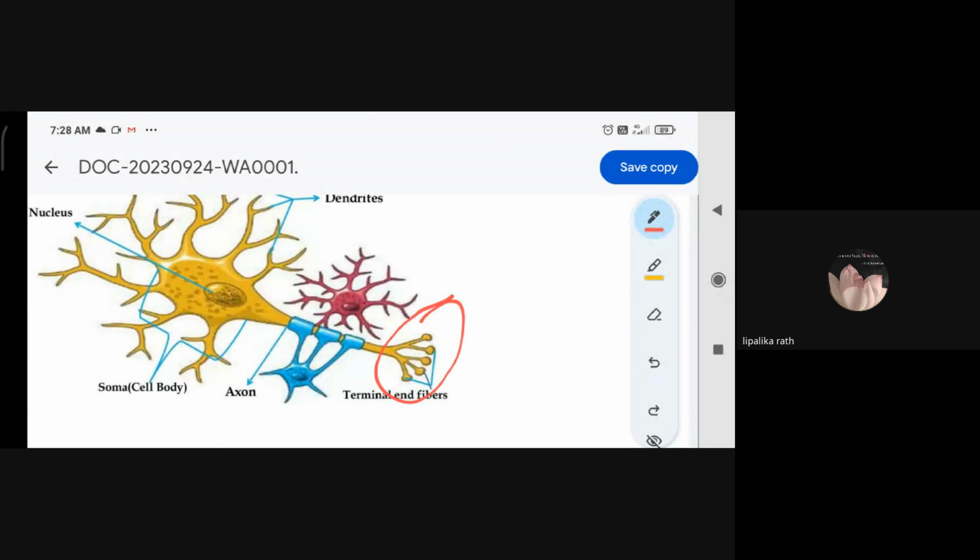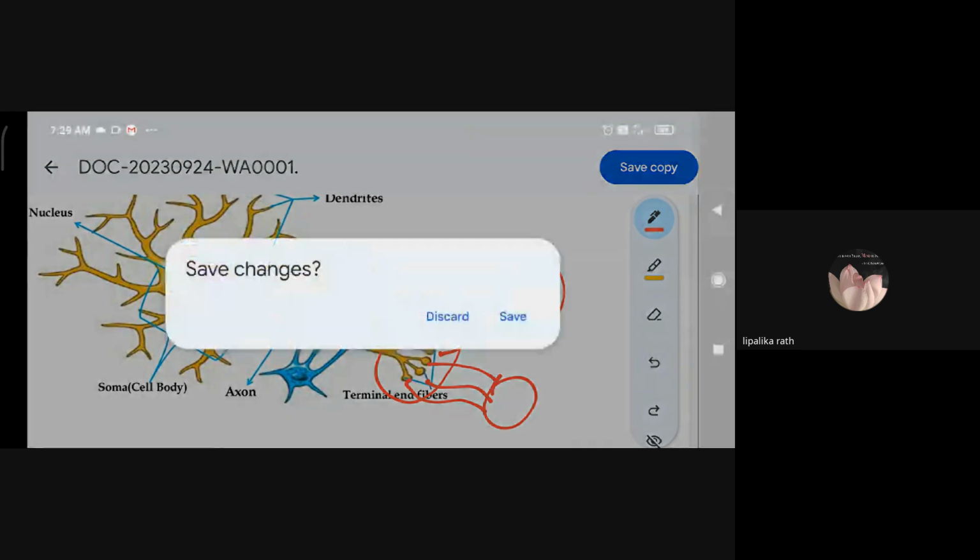Just for example, this is the cell body of a neuron, and the dendrites of this neuron will receive information from the axon terminals of the previous neuron. I hope you get it.